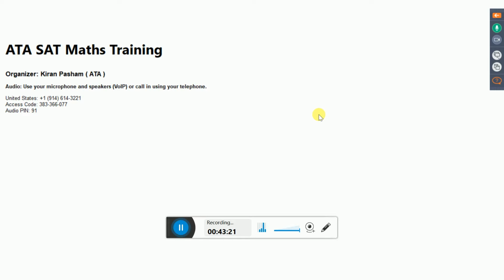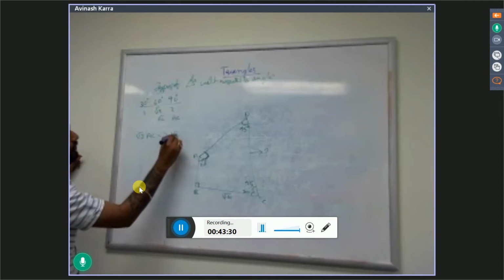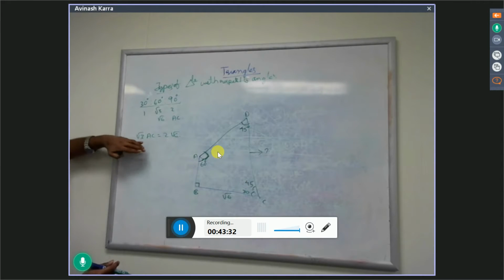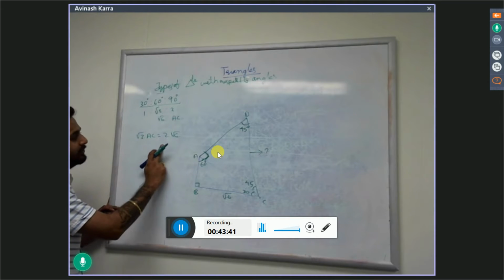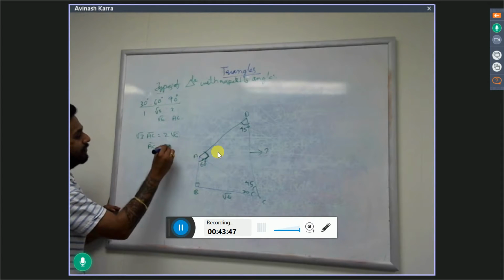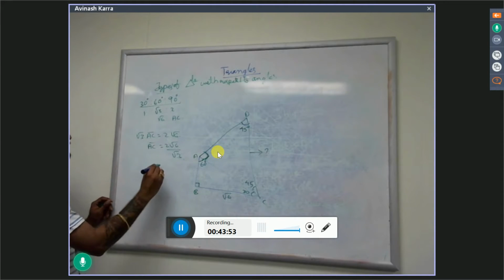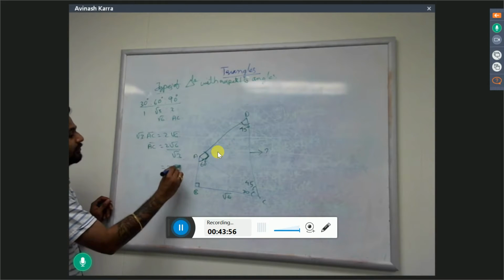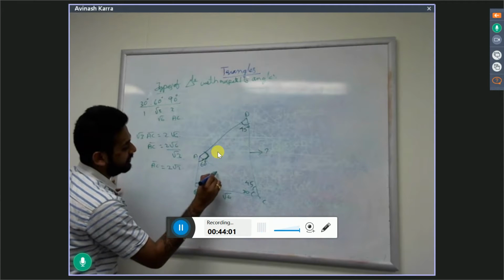So just cross multiply, because root 3 times AC is equal to 2 into root 6. Is it clear? In this step, is it clear? So AC is equal to 2 into root 6 by root 3, which is 2 into root 3. So now I got the value of AC.